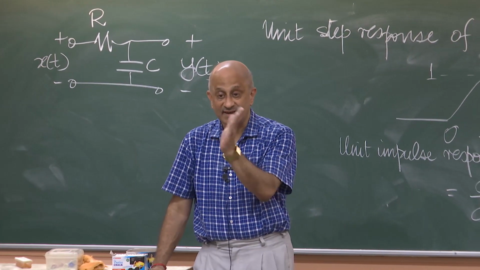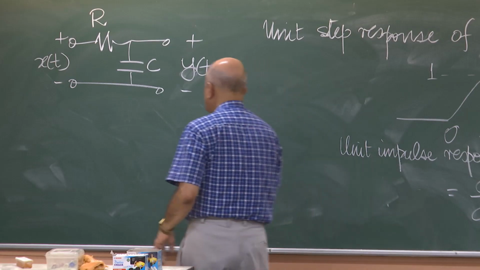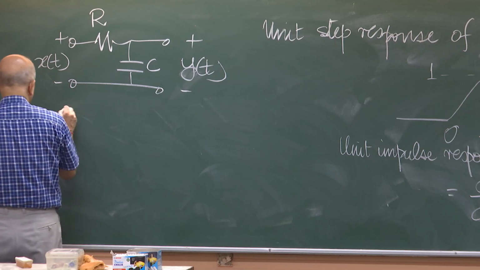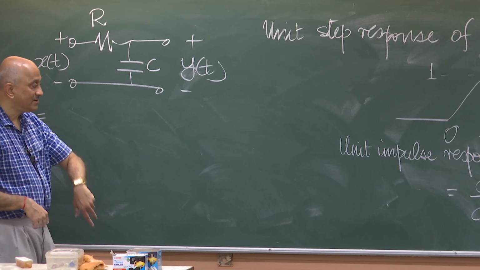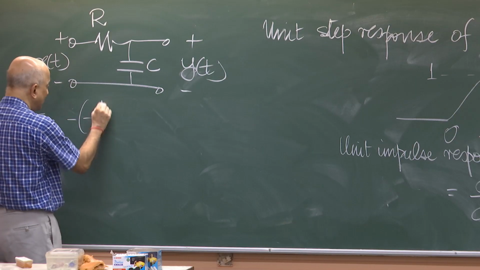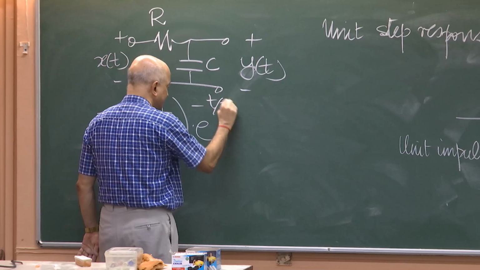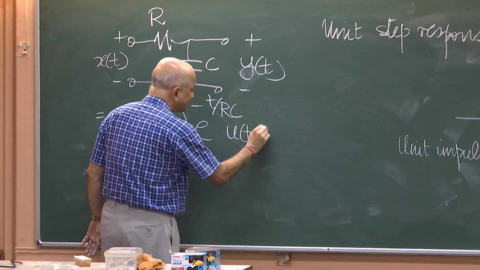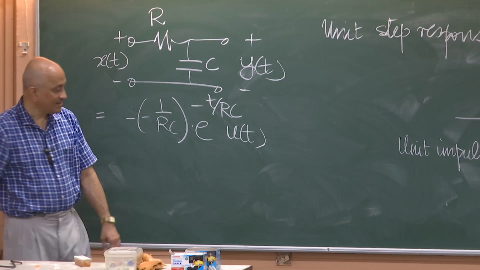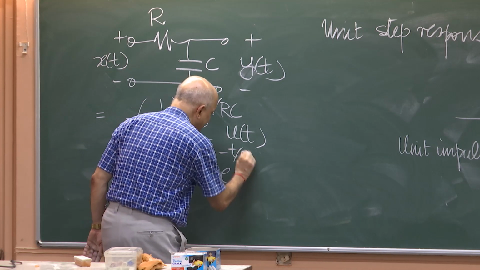Take the derivative of the first and leave the second as it is, and then repeat it with the second. So, this would be the derivative of the first. What is the derivative of the first? It's minus into minus 1 by RC, and keep the second as it is, plus 1 minus e raised to the power minus t by RC.